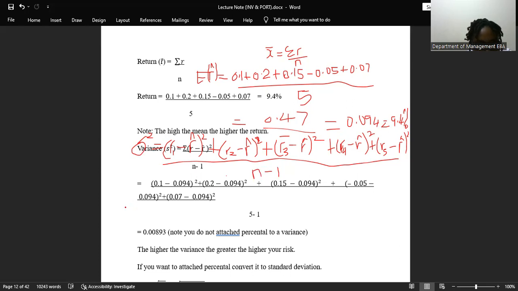Let's continue here. Okay. The variance is equals to the first return 0.1 minus 0.094 bracket close squared, okay, plus R2.